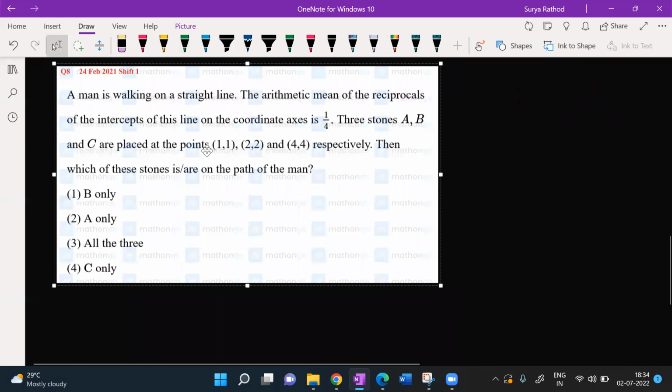Solve this question, everyone. Option 4. No, wrong. Quick, quick.